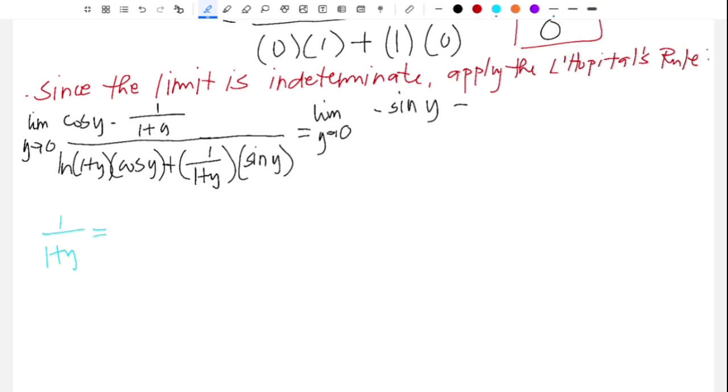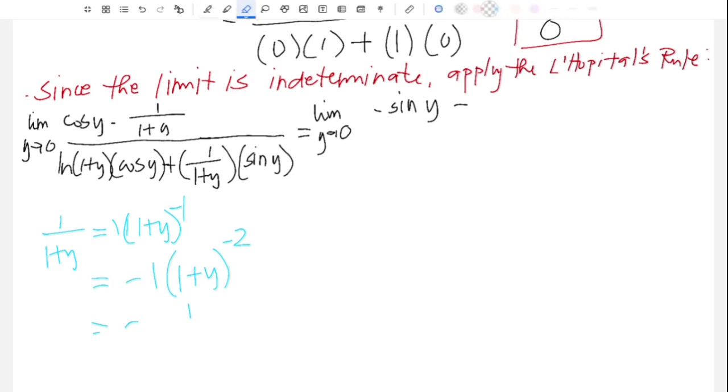You can write this as (1 plus y) to the negative 1, and we use the power rule, then we will get negative 1 times (1 plus y) to the negative 2.